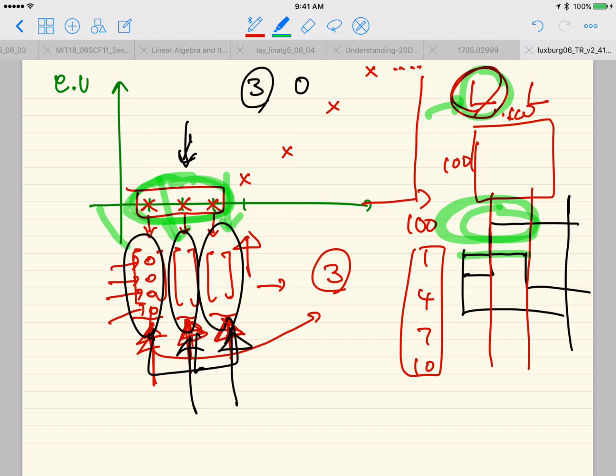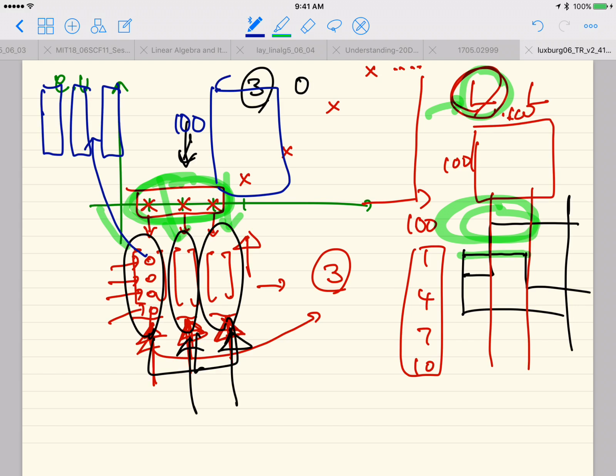Then you form 100 vectors from the first eigenvector, the second and the third, and you have a 100 by 3 matrix, where the first column is the first eigenvector, then the second eigenvector, and the third eigenvector.